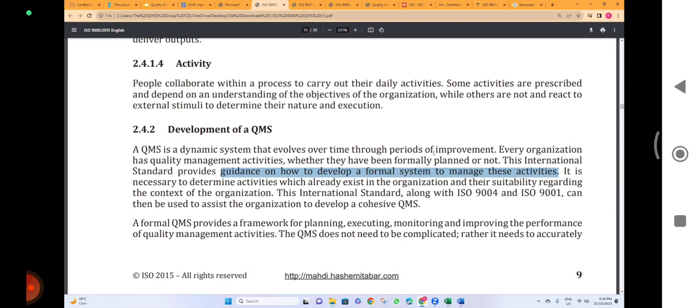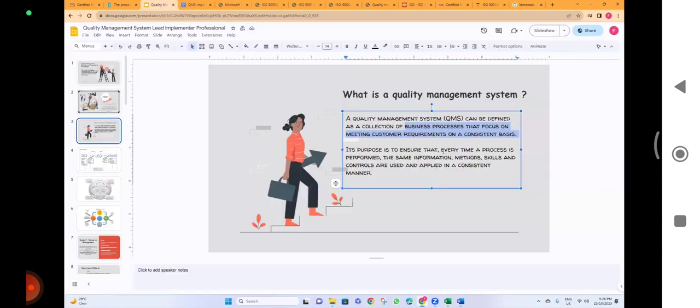What you're trying to do at this point, after planning and doing, is hope that you identified opportunities of improvement in the existing business processes, so that every time this process flow or this product or service realization process is repeated, the same information, methods, skills and controls are going to be used and applied in a constant manner.